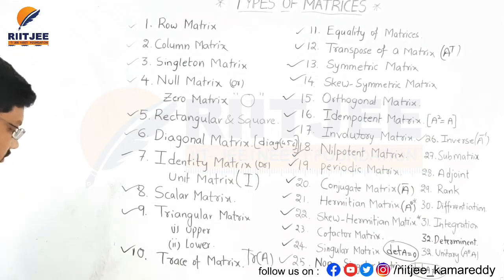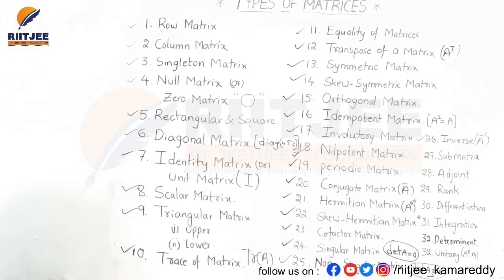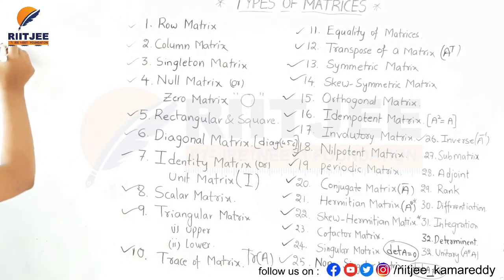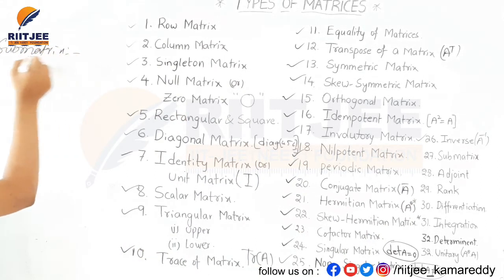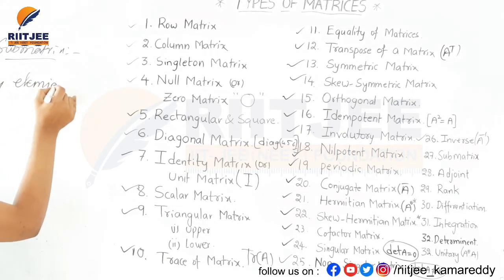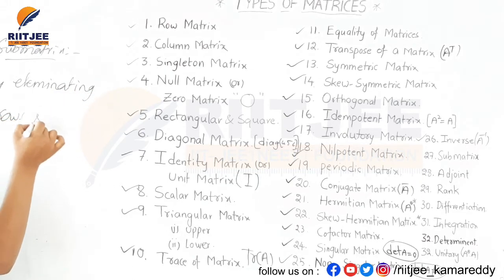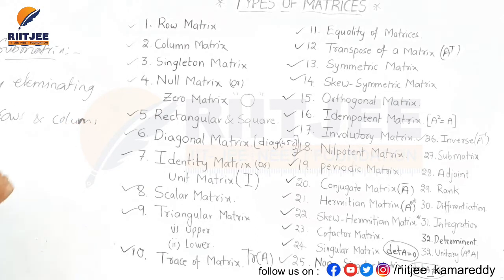And submatrix is nothing but what we get by eliminating rows or columns, or rows and columns.